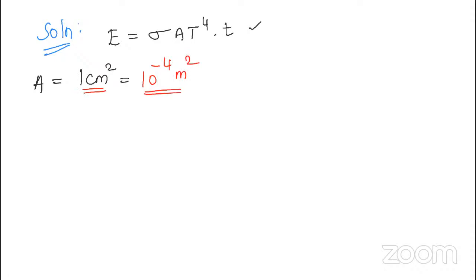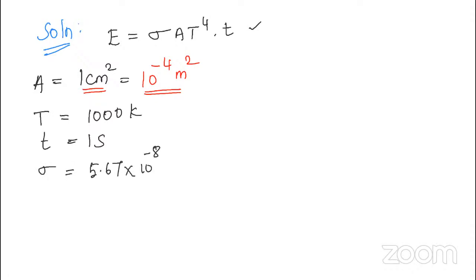Then what is the value of T? T is equal to 1000 Kelvin, small t is 1 second, and the sigma value is 5.67 into 10 power of minus 8 watt meter power minus 2 Kelvin power minus 4.